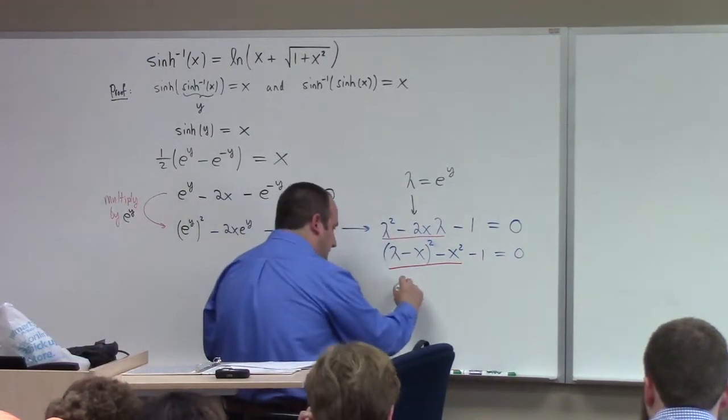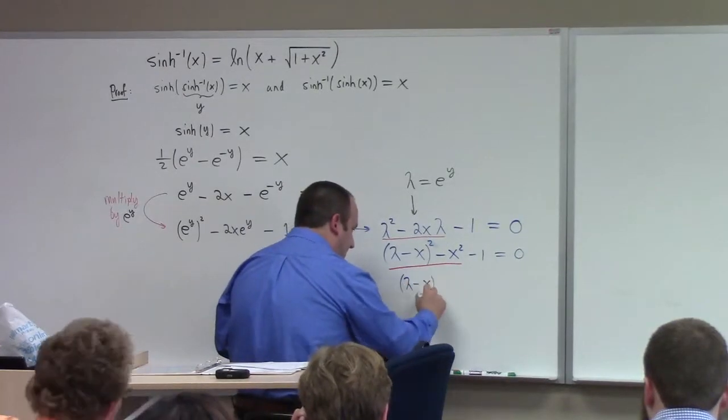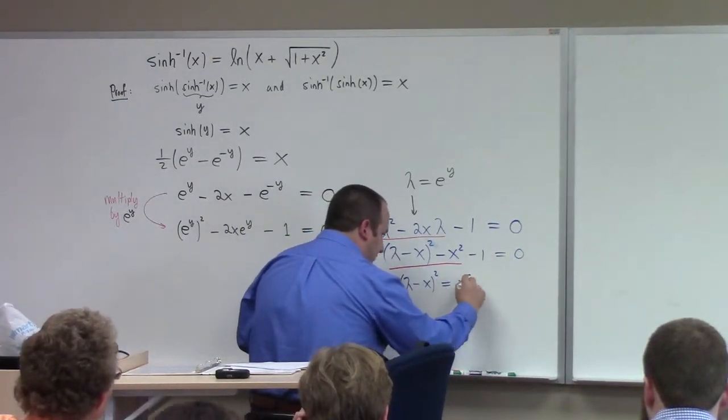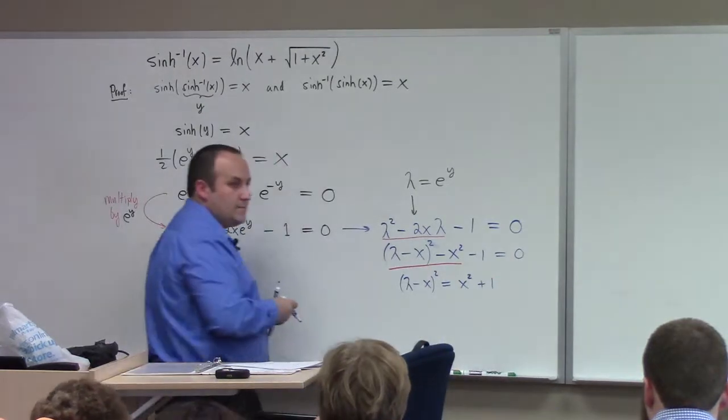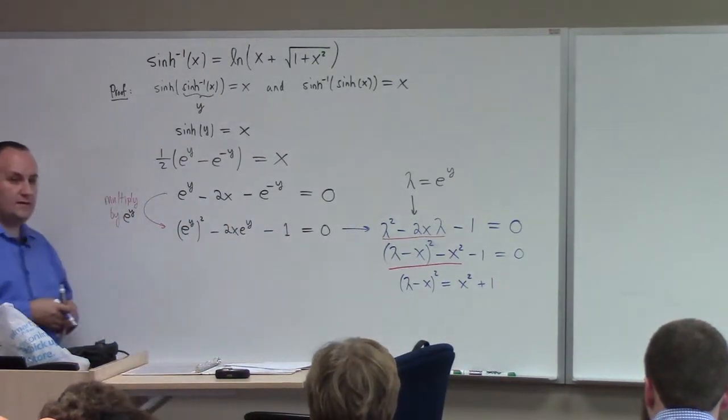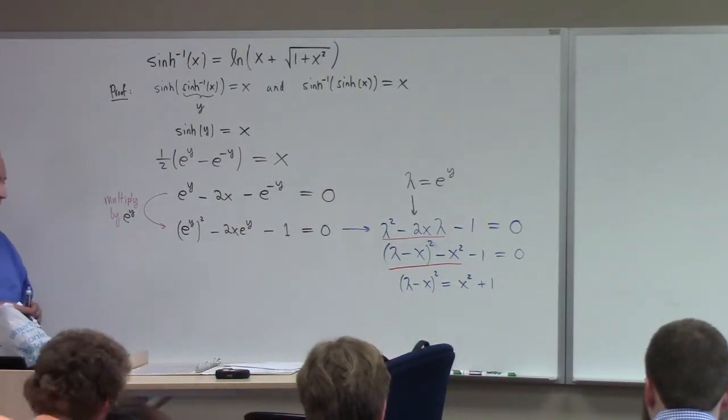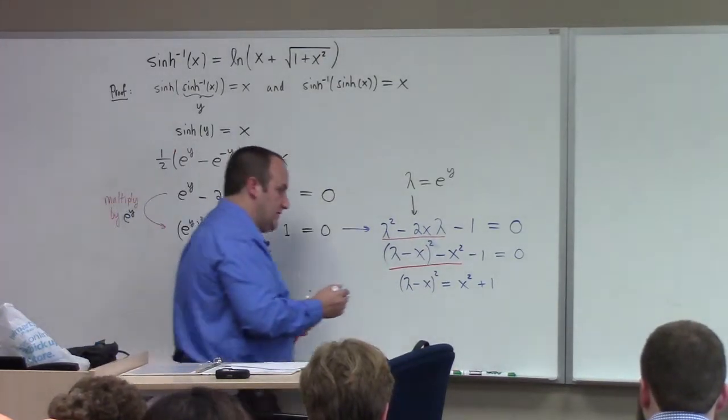So next step, (lambda minus x) squared equals x squared plus 1. Then we can take the square root of both sides, right?